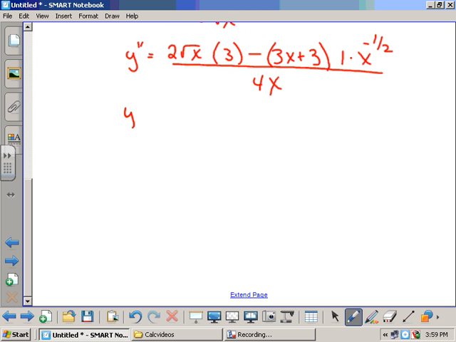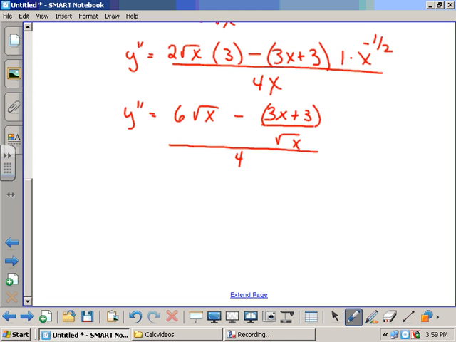Again, let's simplify. So we have 6 radical x minus 3x plus 3 over the square root of x, which is all over 4x. I'll get a common denominator in the numerator.